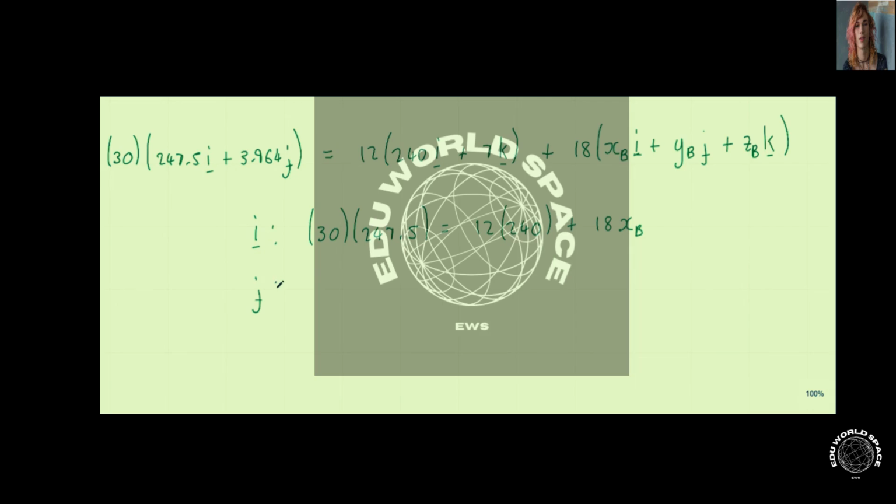For the j component, we get 30 times 3.964 is equal to 12 times 0 plus 18 times y_b. And finally, equating the k components, we get that 30 times 0 is equal to 12 times 7 plus 18 times the z component of B, z_b.